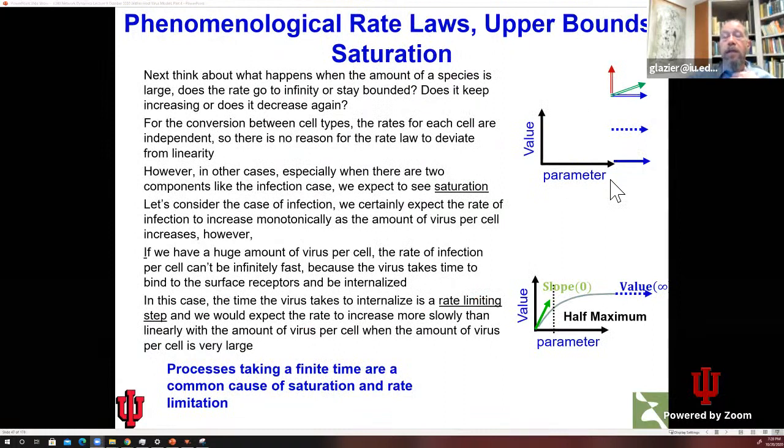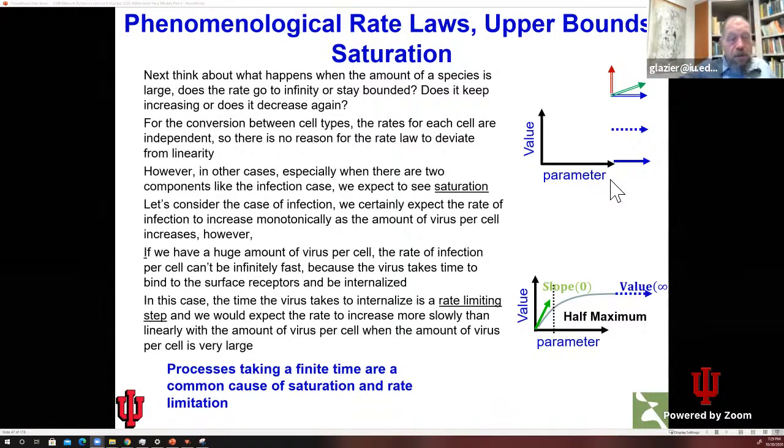Okay. Now, the next thing to do is to think about what happens when you have a lot of something. In the case of I1s becoming I2s, they're independent of each other, so you don't expect that the rate will go down if you have a lot of I1s.